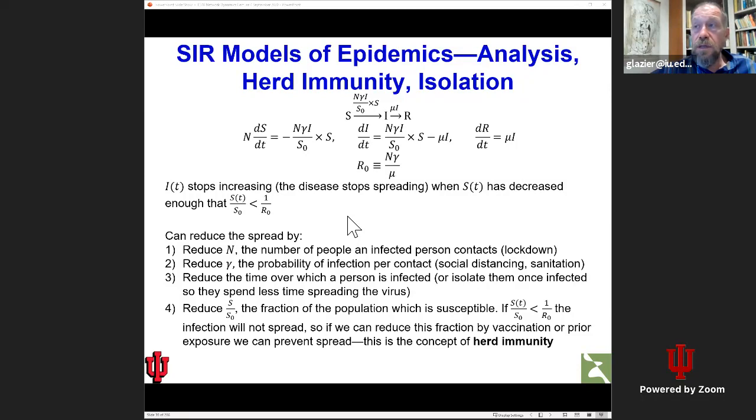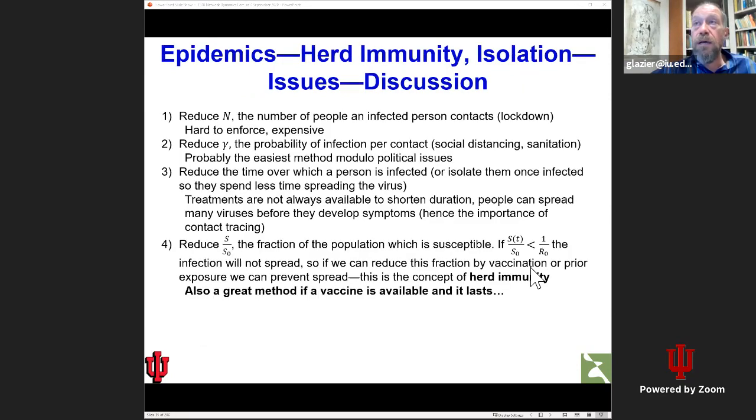What you'll see, though, is that the fraction susceptible has to be less than 1 over R naught. And so if R naught is 10, 90% of the people have to be immune to stop the epidemic. If R naught's 2, half of the people have to be immune to stop the epidemic. And so that's the definition of herd immunity.